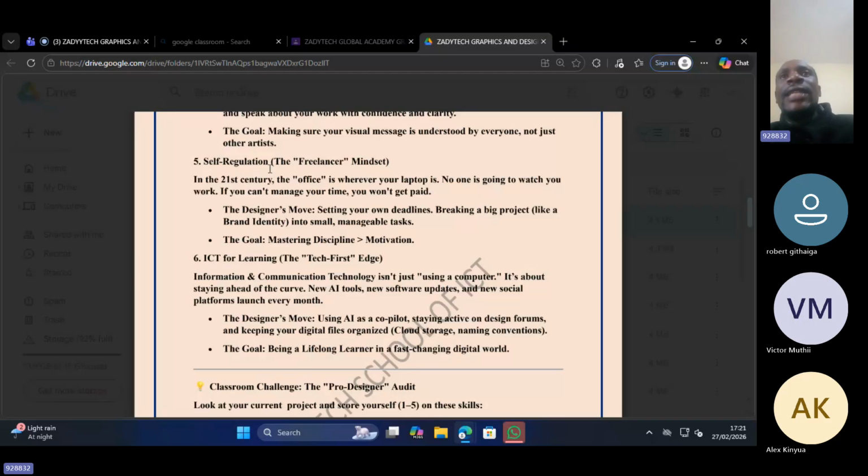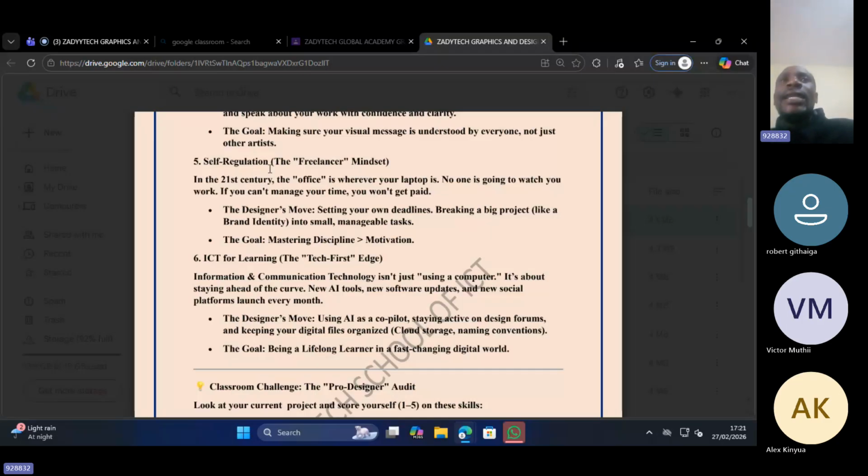So stay active on design forums. Make sure that using your ICT for learning, you stay active on design forums to hear and share with others, so that you can collaborate with them and learn new ideas. And keep your digital files organized: cloud storage, naming convention.